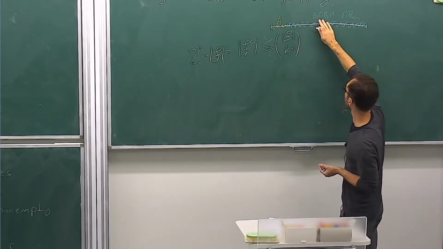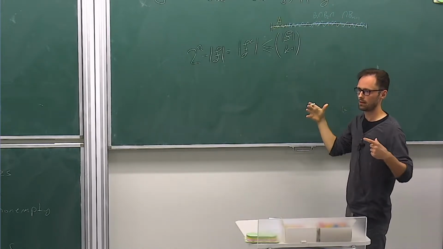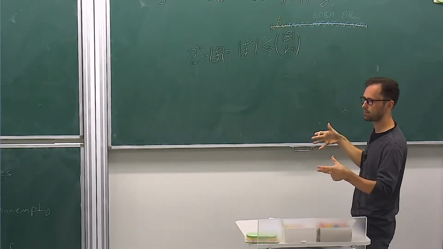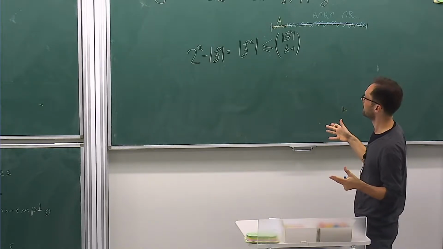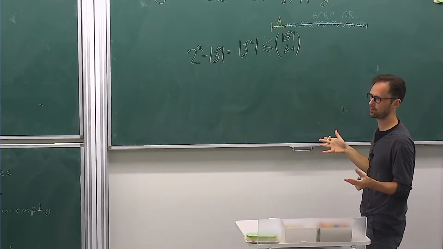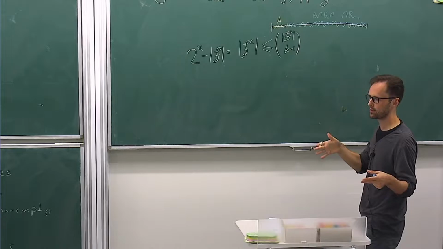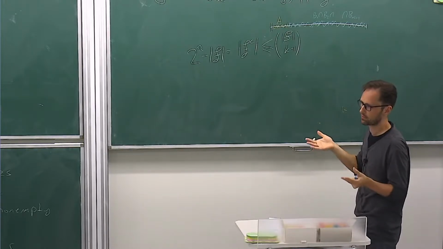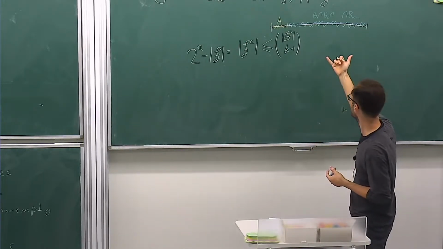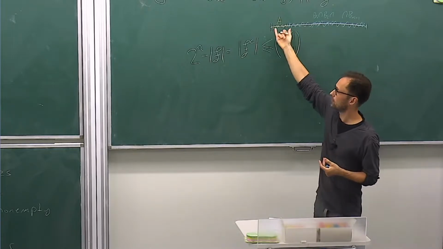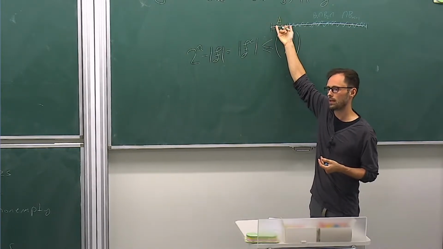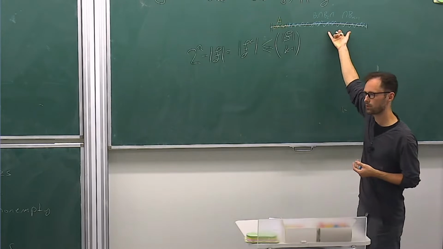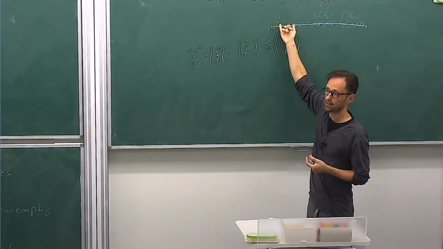So given B1 to B(k minus 1), let's just take k minus 1 sets in F and not worry about whether it's in the image of this map or not. If you take their intersection, they must have an intersection because F is k-wise intersecting. You look at their intersection and you look at the complement of that. And then if there's any set that maps to this k minus 1 tuple, it has to be that set.